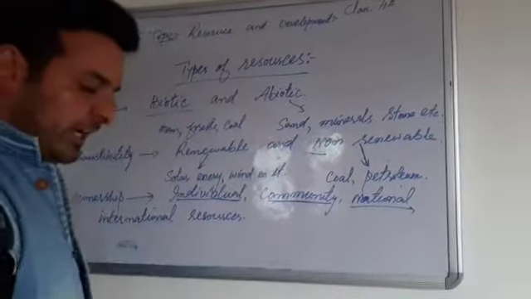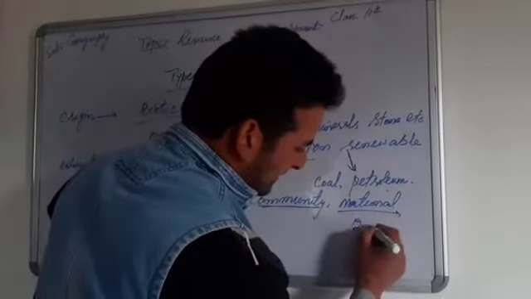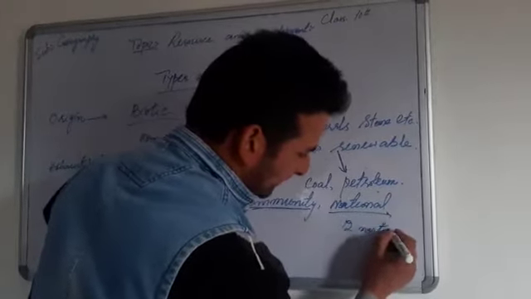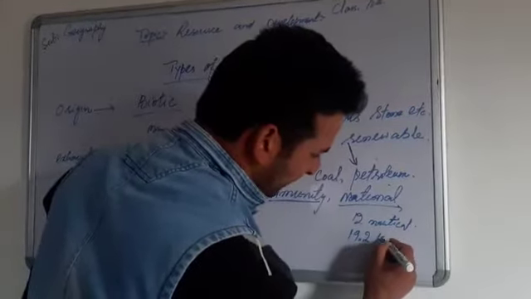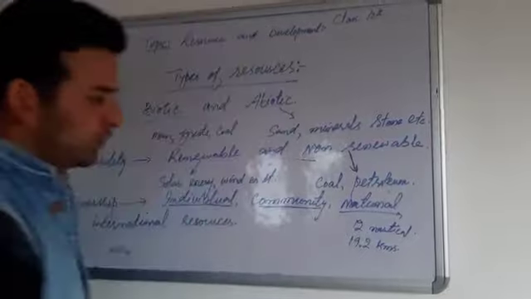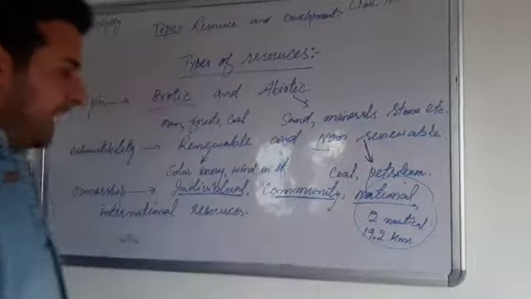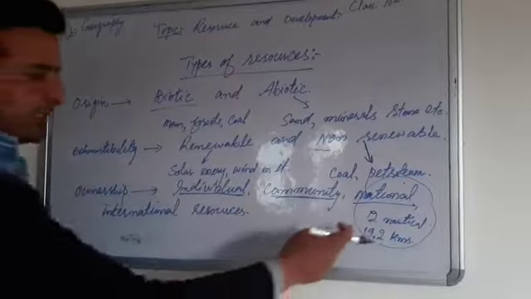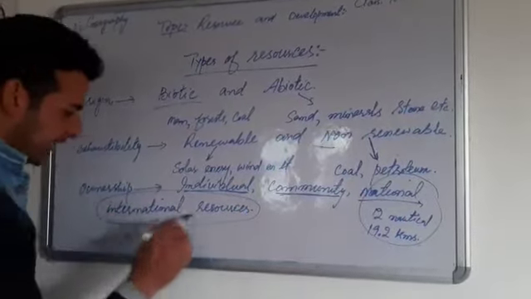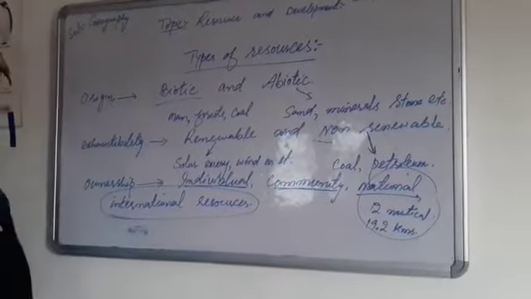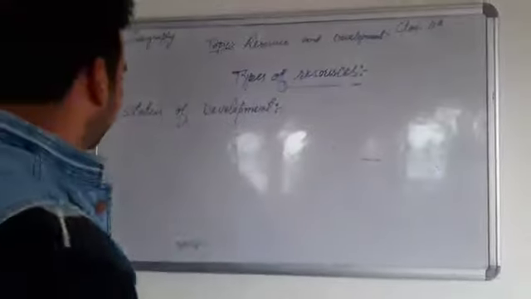And if we have a coastline, then 12 nautical miles, or 19.2 kilometers, in the oceans also comes in the national resource. Beyond 12 nautical miles, what remains is international resource. International resource belongs to international communities like UNO.